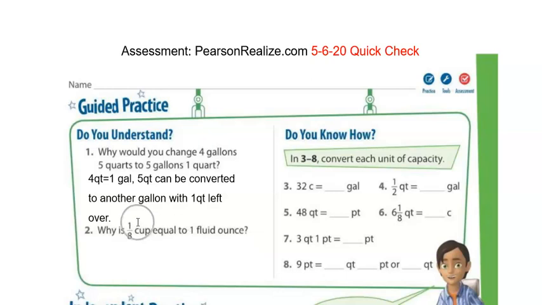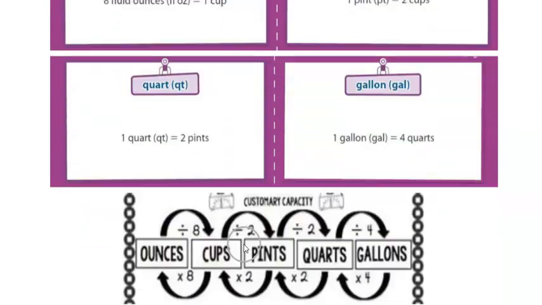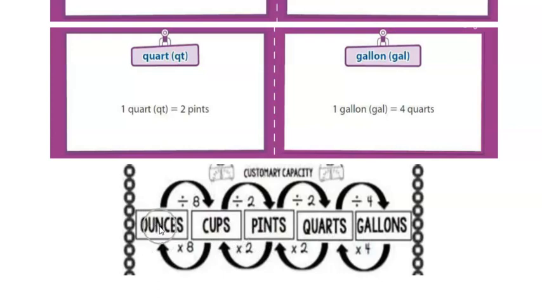On number 2, it says, why is 1/8 cup equal to 1 fluid ounce? Let's take a look at our conversion chart, going from 1/8 cup to ounces. Every cup contains 8 ounces.